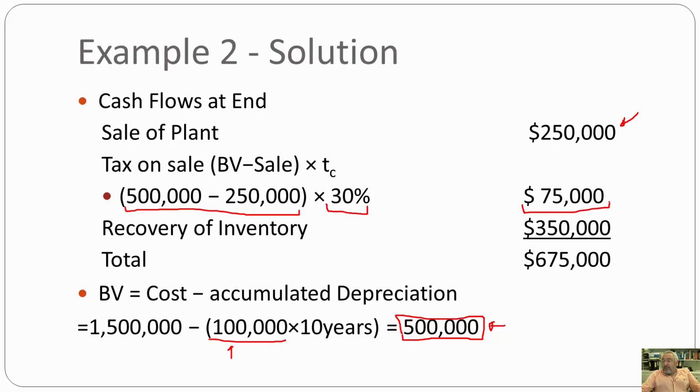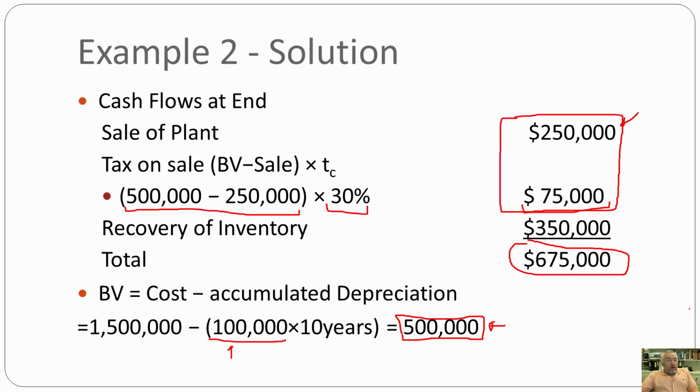So the total cash inflow will be the sale plus the reduction in tax from the asset, 325. And of course, we've got the recovery of inventory. We run down our last inventory, but we don't replace it. So there's 300. So the terminal inflow, the inflow at the end of the life of the project, is 675. Recovering the asset and recovering our investment in working capital. Okay, so we've got that.